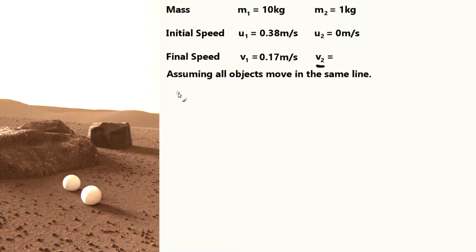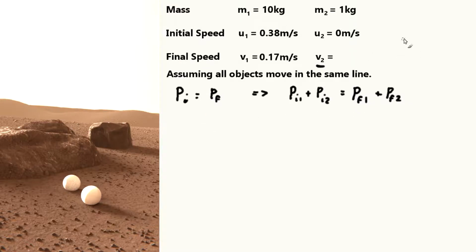From our conservation of momentum, we know that the total initial momentum is going to equal the total final momentum. In this question, we have two balls, and so we can write this as the initial momentum of ball 1 plus the initial momentum of ball 2, which will equal the total final momentum, which is the final momentum of ball 1 plus the final momentum of ball 2.